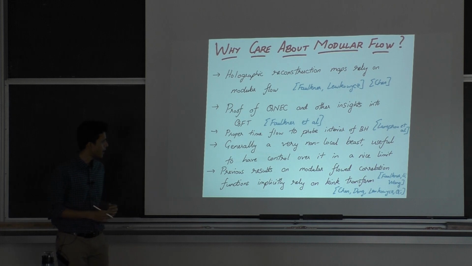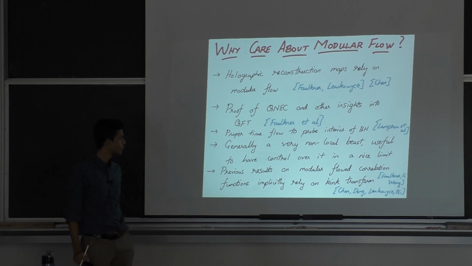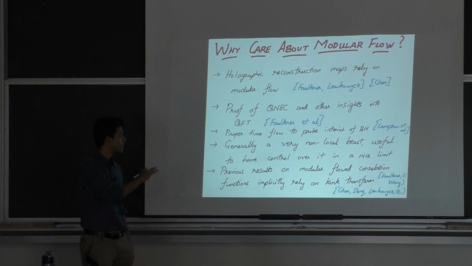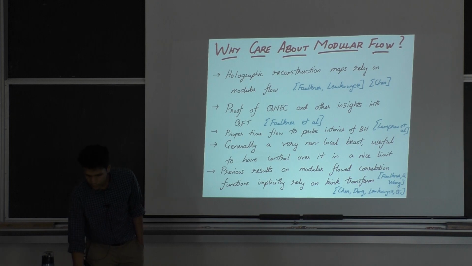People have implicitly relied on the Kink transform in computing things like modular flowed correlation functions, because computing those holographically is in general pretty hard since we don't understand modular flow, but this simple picture gives you a handle on computing it sometimes. So that's part of why you should be interested in modular flow.